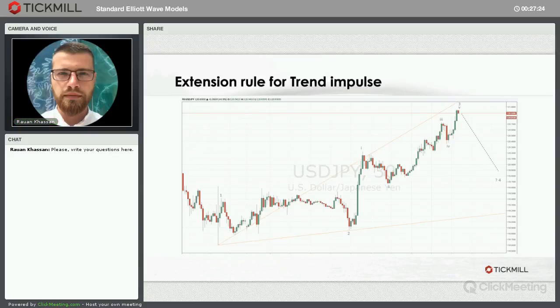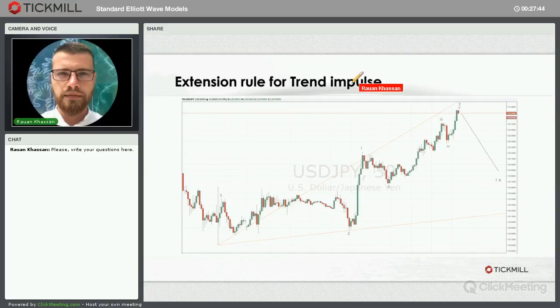Going back to the chart depicted, I believe this is the right case for the Elliott wave example given on the chart.